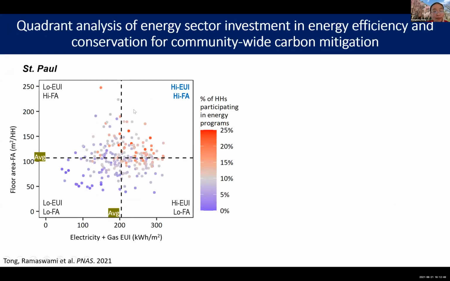So here in the quantile analysis, I separated block groups into 4 quantiles, and when we're looking at community-wide carbon mitigation, we have to look at block groups that have larger homes and larger energy intensity. So here, this is the participation. The different colors mean the participation: red is high participation, and purple is low participation.